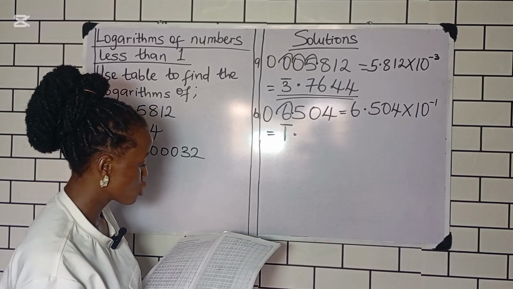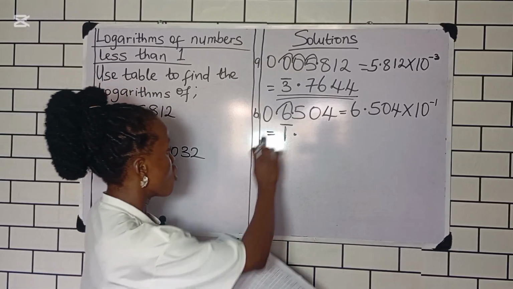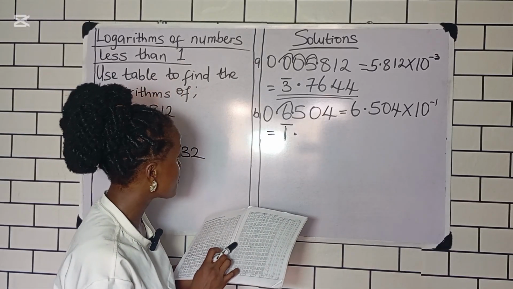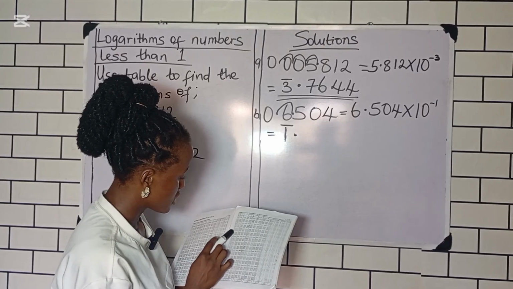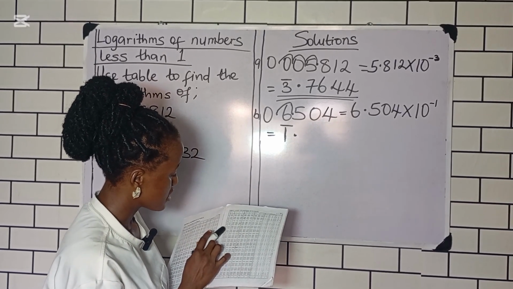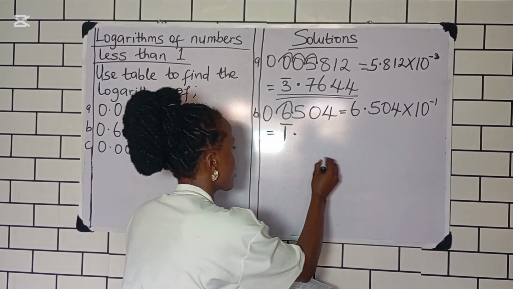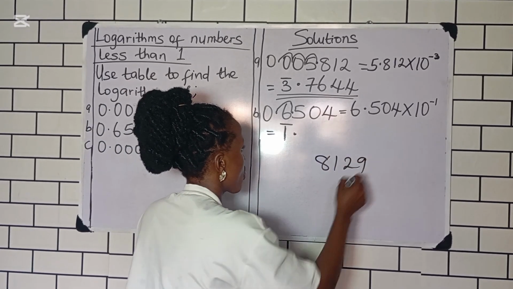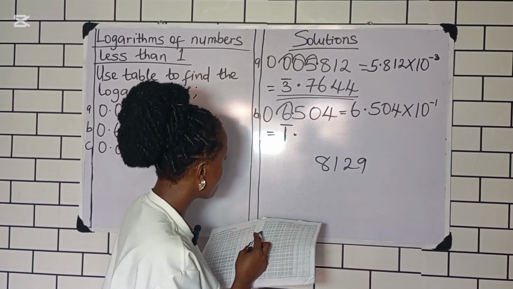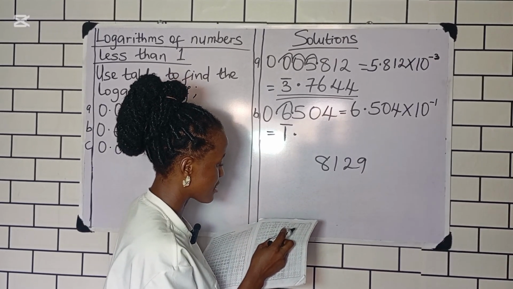Following the same method, open your logarithms of numbers, go to 65 under 0, difference of 4. 65 under 0 is 8129. Difference of 4 here is 3.